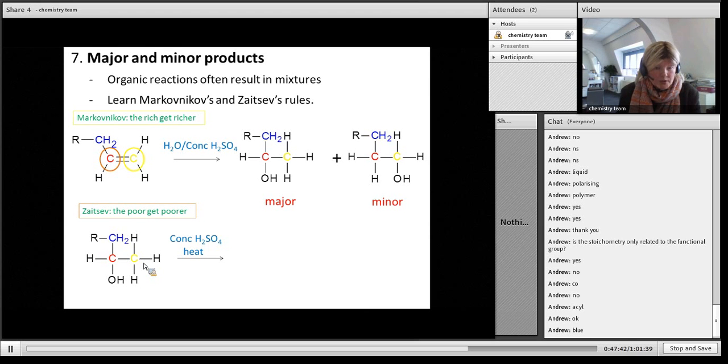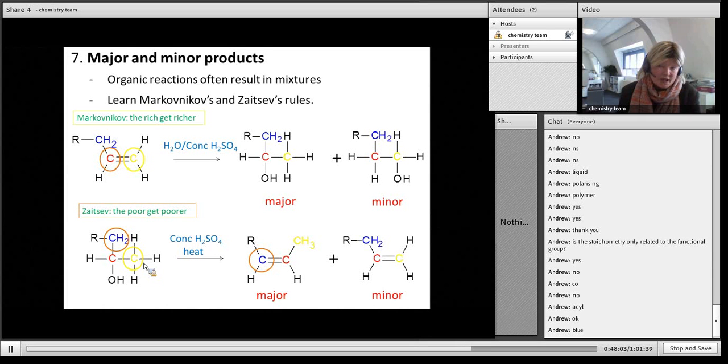The blue. So the major product here is going to be where the double bond forms between the red and the blue. Sorry, I'm just highlighting those two. So that's my major product because I've taken from the blue. The poor get poorer. And my minor product is where the reverse happens, where it didn't work.